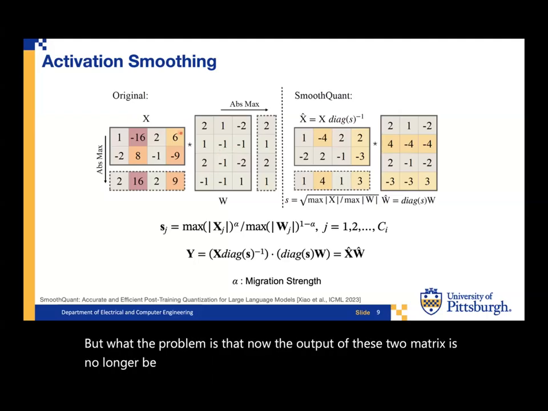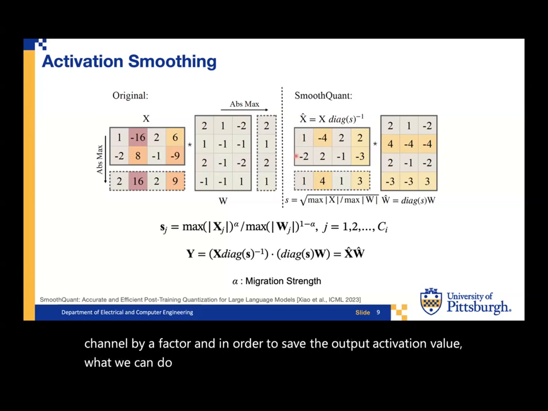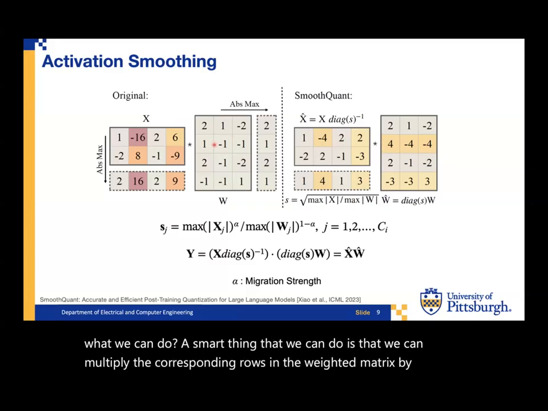Because you divide the whole channel by a factor, and in order to save the output activation value, a smart thing we can do is multiply the corresponding rows in the weight matrix by the same scaling factor, let's say 4.